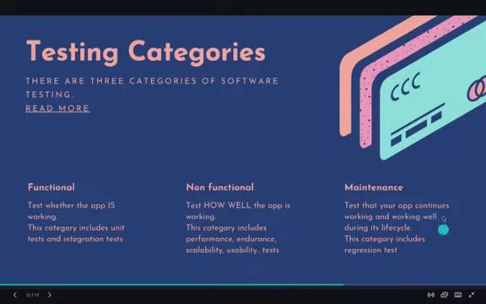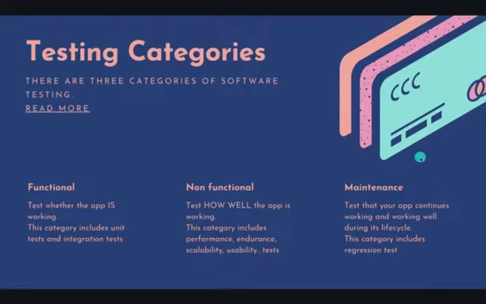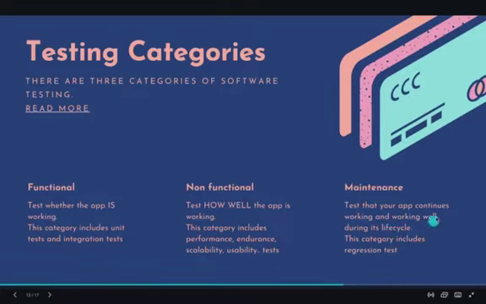And the third category is the maintenance testing, which makes sure that the life cycle of your software is always maintained. So whenever you introduce changes to your code, for example, you should make sure that the existing features are still working properly. One example category is the regression test category.